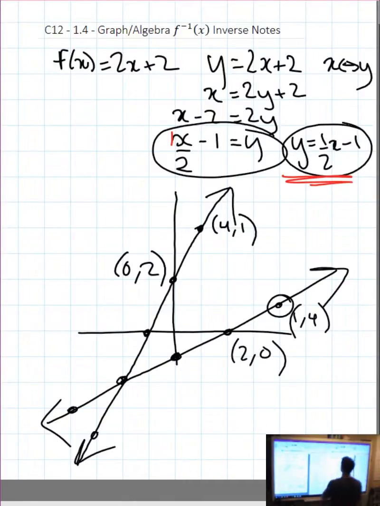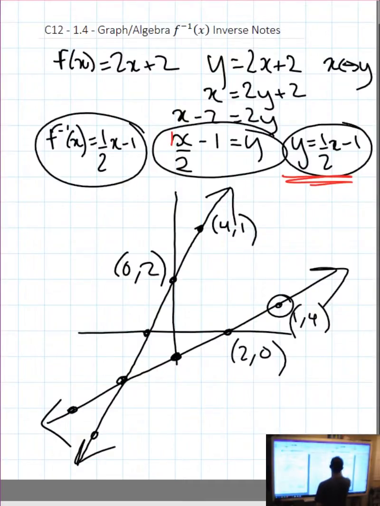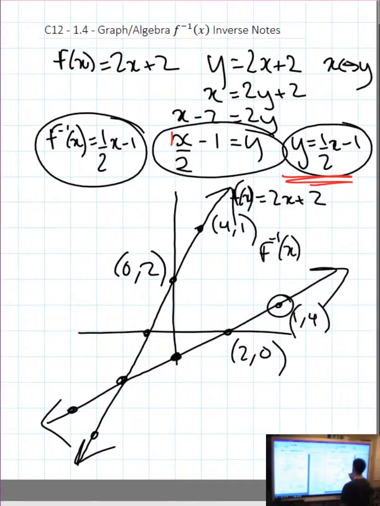So where we wrote the old equations, I'm just going to write the inverse notation. f inverse of x is equal to 1/2 x minus 1, our new equation. We switch x and y in variable notation, and then finally write the new one. So our old equation, f of x is equal to 2x plus 2, and our new equation, f inverse of x is equal to 1/2 x minus 1.